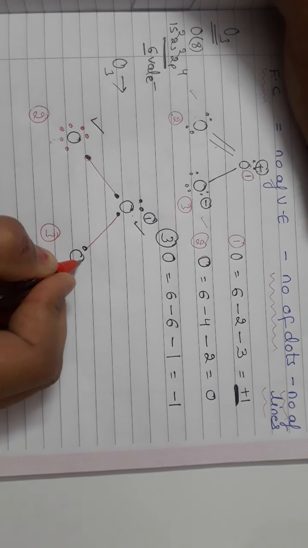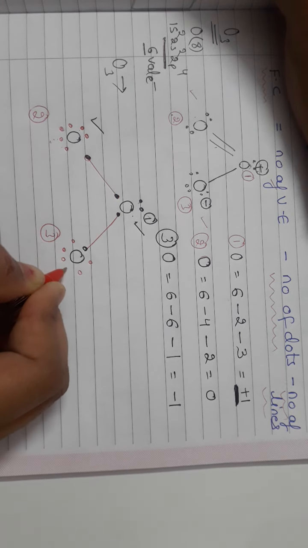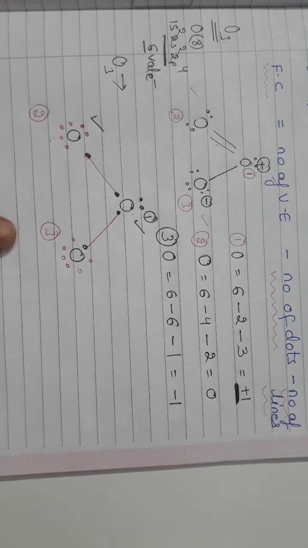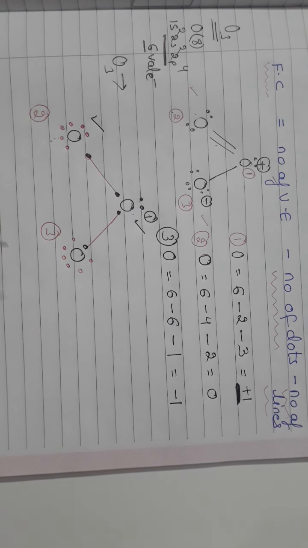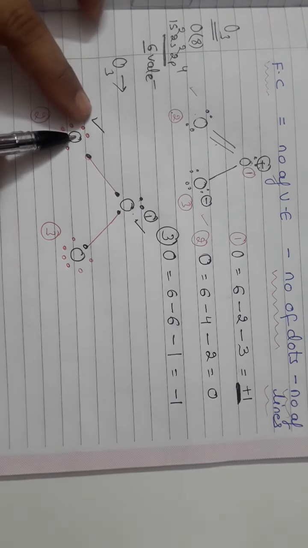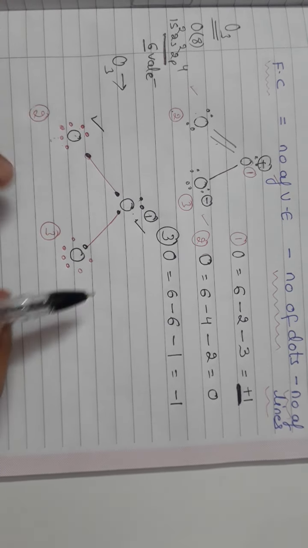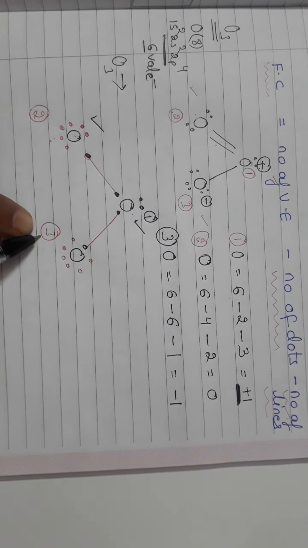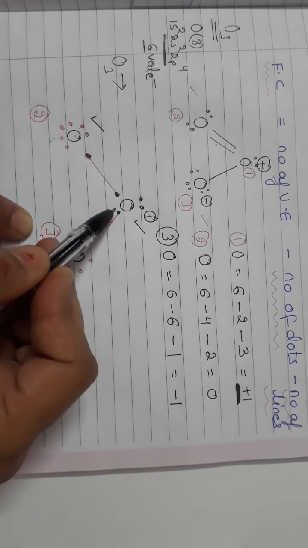This particular oxygen atom has 6 valence electrons, 1, 2, 3, 4, 5, 6. If I write this structure in this form, you will notice that the second oxygen atom is stable, and the third oxygen atom is also stable, 1 to 8.